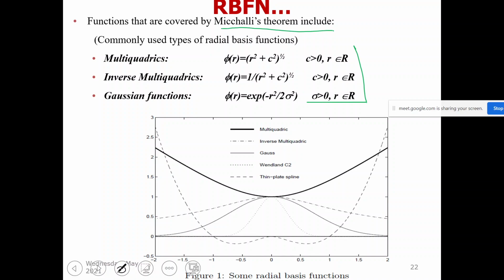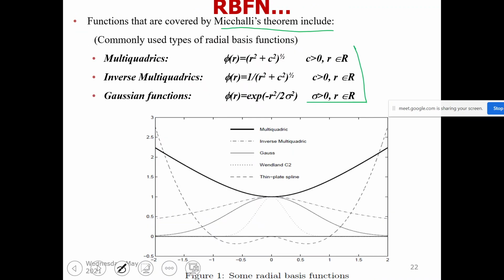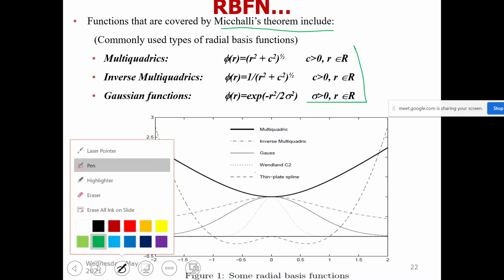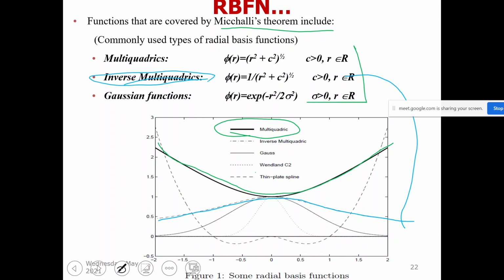Micchelli's theorem. Now with this we were discussing different shapes. I think we reached this point in yesterday's class. So the graph which you can see, we will just have a very quick drawing. The first one is multiquadric, which is commonly used, this bold green one. Then we go with the inverse of that. Third one is Gaussian, which I'll take in red color.